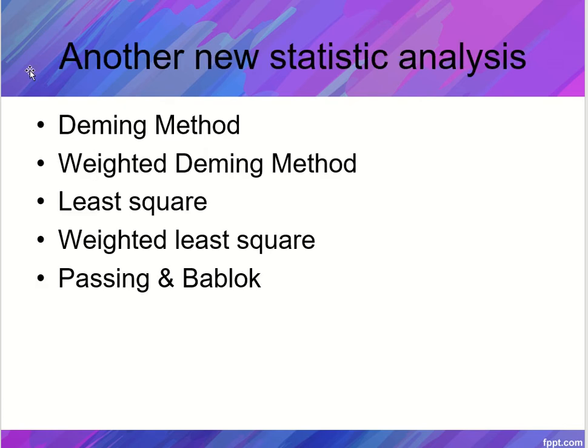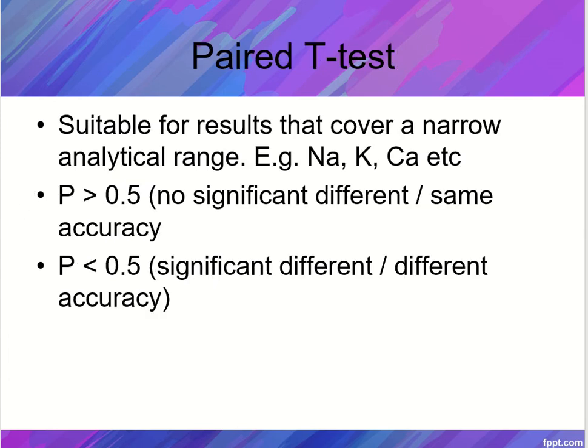And for method comparison, you can use other statistical analyses such as the Deming method, weighted Deming method, and many more as listed here. Sometimes when the data is too narrow in analytical range, you can use the paired t-test, such as for sodium, potassium, calcium, and so on.